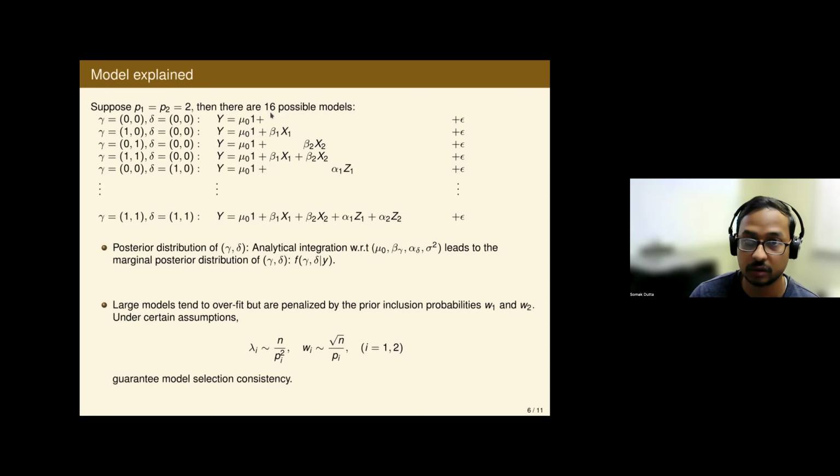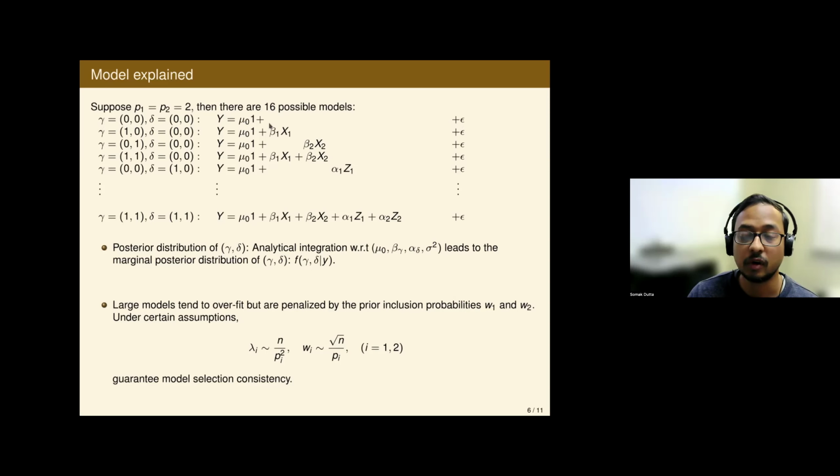The first one is where gamma is 0, 0 and delta is also 0, 0. This particular model says that neither of the SNPs are important and neither of the genes are important, which corresponds to a model on the trait values as y, which is just the intercept plus the error.